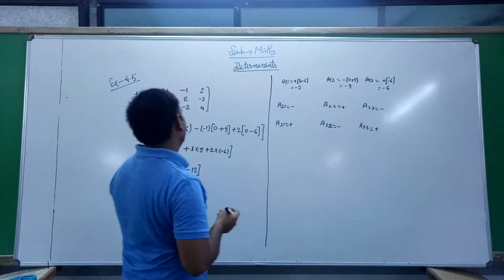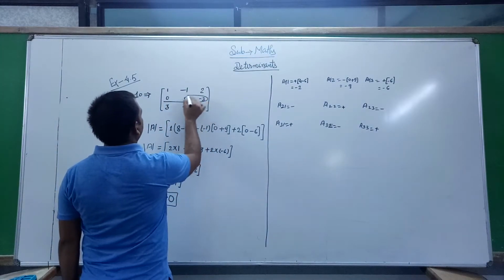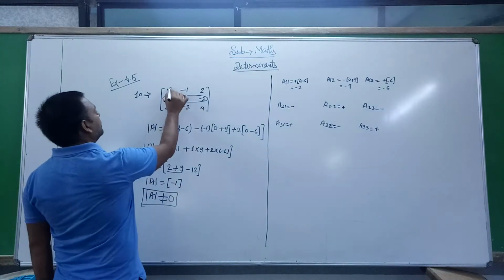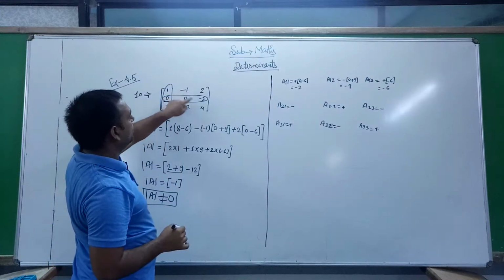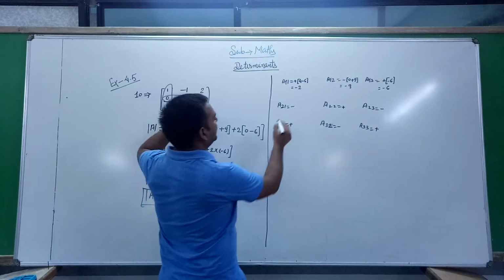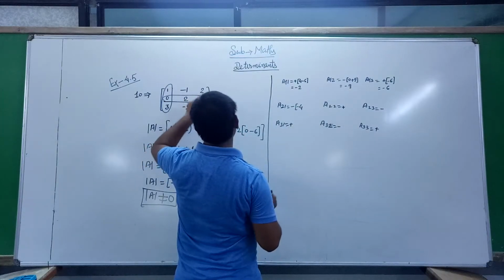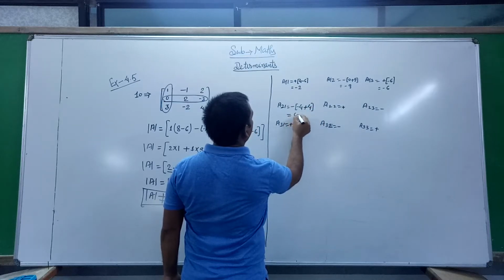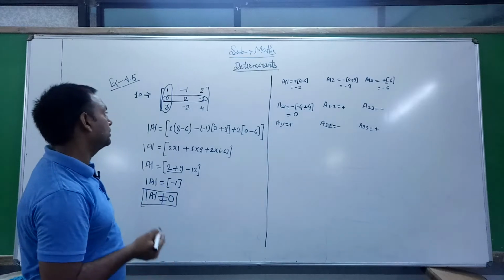Same, you take the second row. Here you first remove the second row and first column, then 1 4s are 4, this is a minus 4, and 2 2s are 4, it is a plus 4, that is equal to 0, because minus 4 and plus 4 is 0.